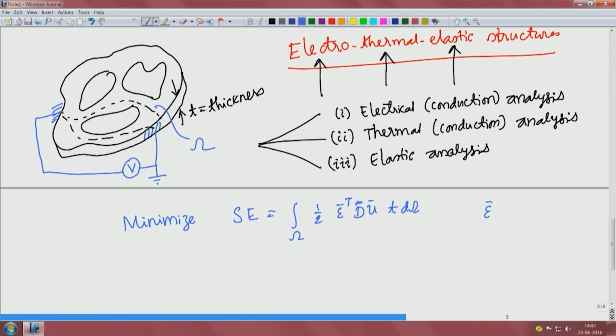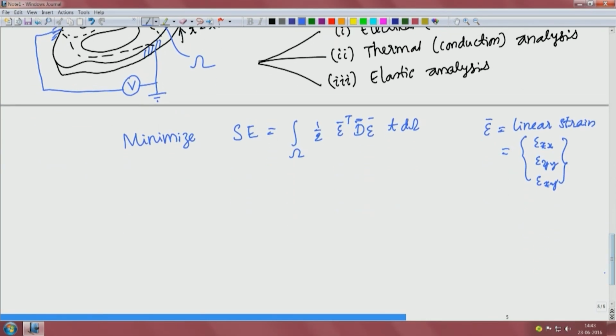Epsilon here should be epsilon also. What is epsilon? Epsilon is the linear strain that we consider here, which will have in 2 dimensions epsilon xx, epsilon yy, epsilon xy. Those first two are normal strains, and epsilon xy is the shear strain. Where does that come from?